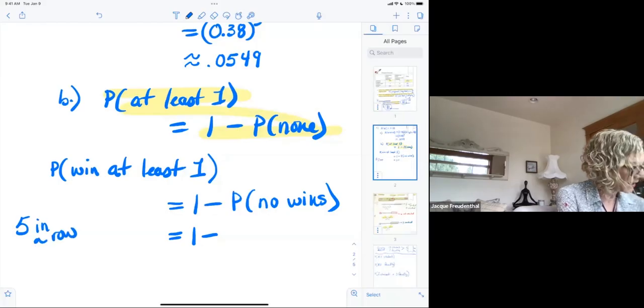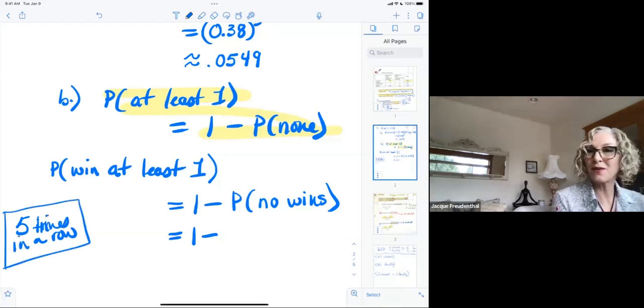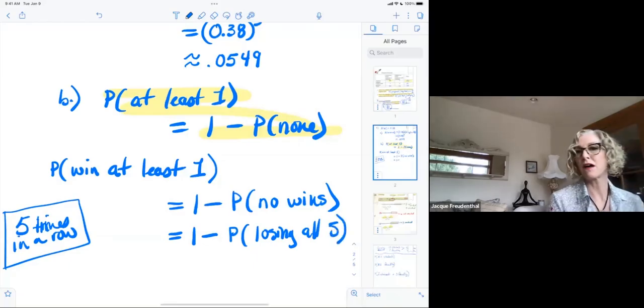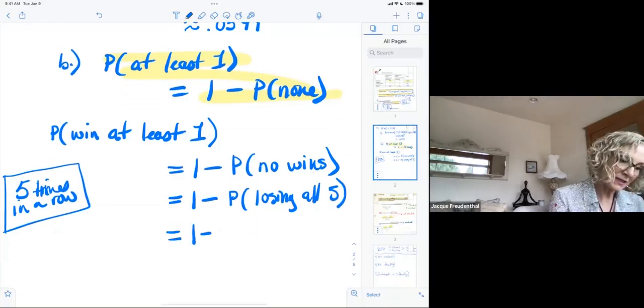Because it says, suppose the slot machine is played 5 times in a row. So if we're not winning at all, that's the probability of losing all 5. All 5 times you're losing, which is 1 minus.